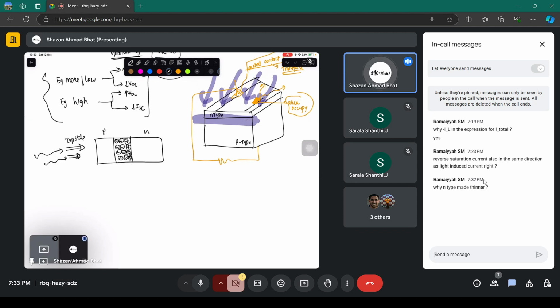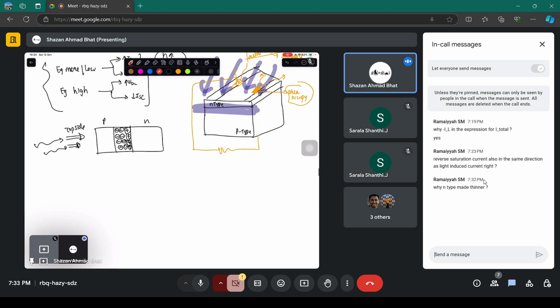Whenever electron hole pairs are generated, most of the light will be absorbed in this particular region only.